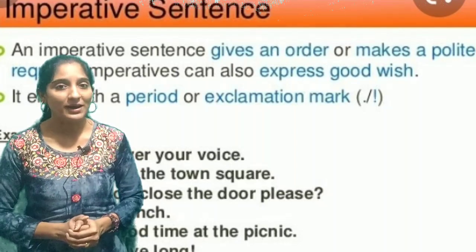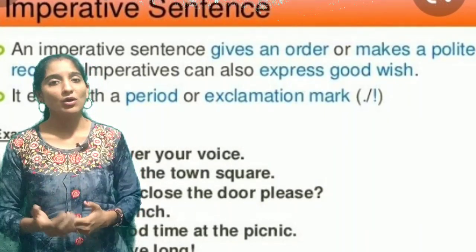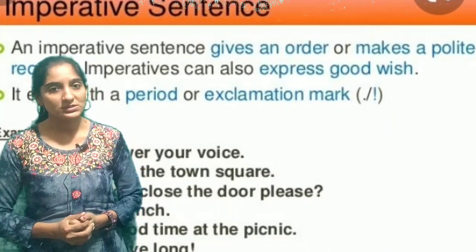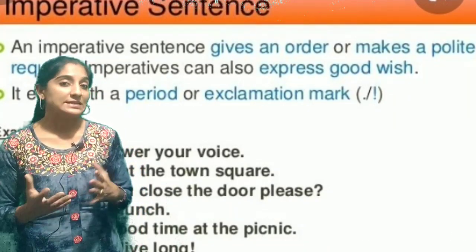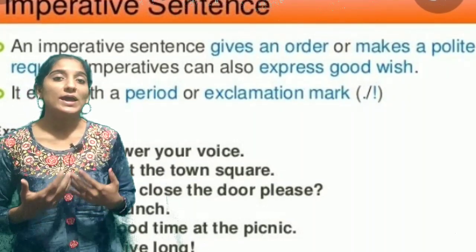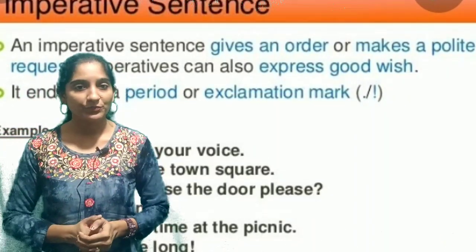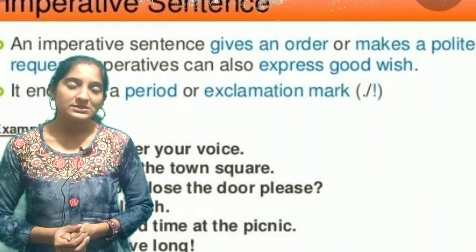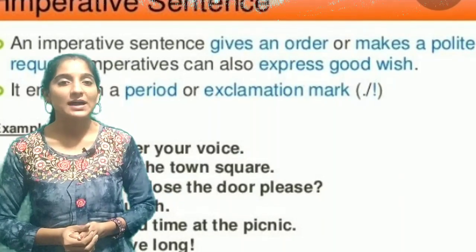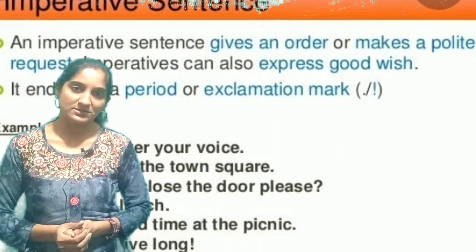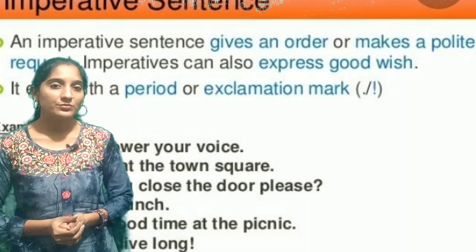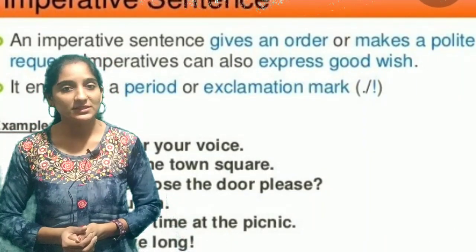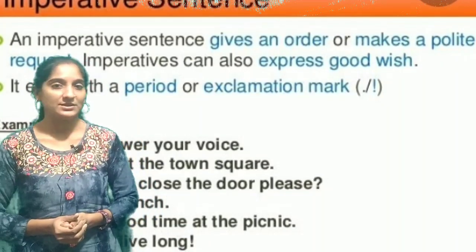Or we can say, please close the door. Imperative sentences are used to express a command or an advice or a suggestion. Please give me a glass of water. This is also an imperative sentence. Sit down. In this sentence you can see a command is there.